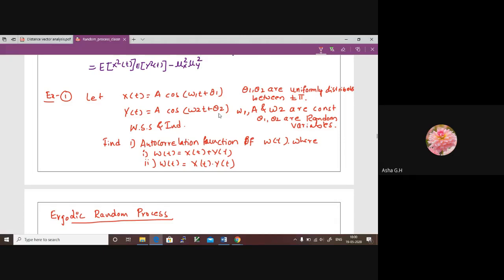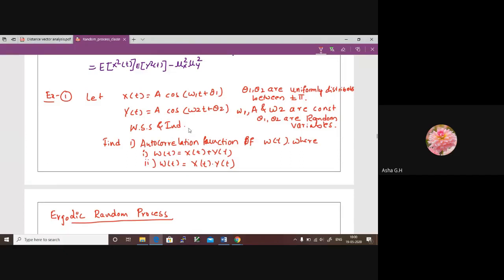Now when you know the PDF of this random process, then you can find the expectation related to x of t and y of t, and also the expectation related to x of t plus tau and y of t plus tau. You can follow the same process we followed for finding the autocorrelation function for just y of t, where we had only one random process.